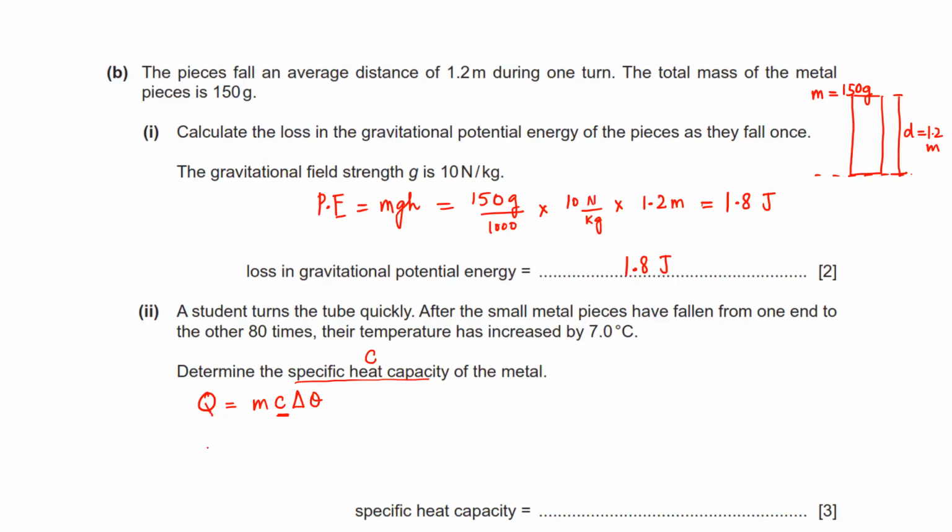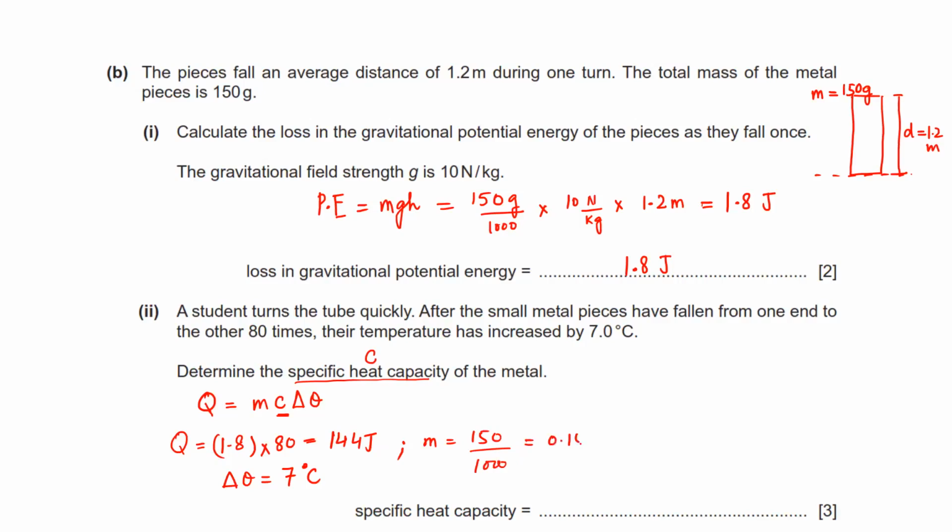We have to find out, so first of all, we have to find the total energy, QT. So loss in potential energy was 1.8 in one fall, and the student has done it 80 times, so multiply it by 80, and this will give you the total energy that will be equal to 144 joules. And the change in temperature from the question, we found out that it is 7 degrees centigrade, and we have the mass that is equal to 150 grams divided by 1000.